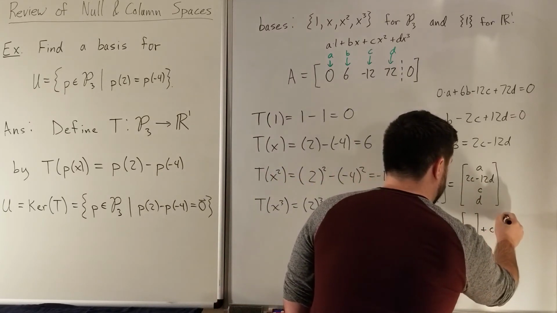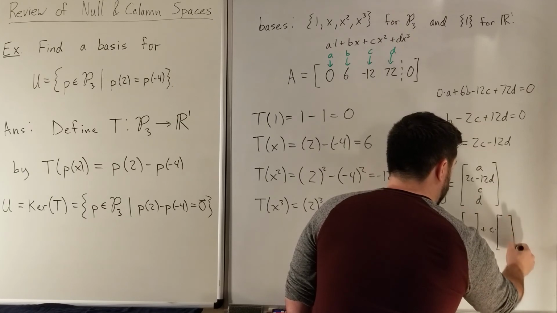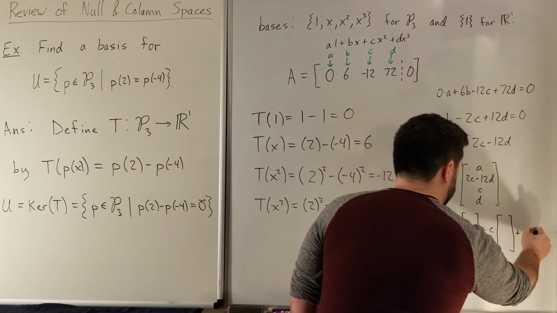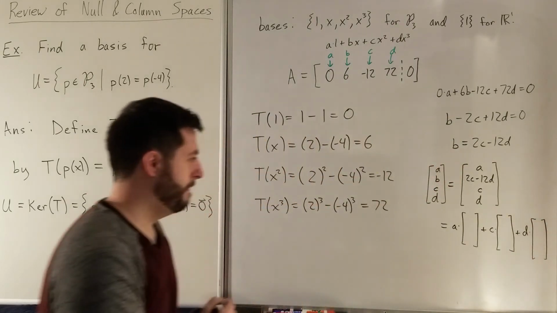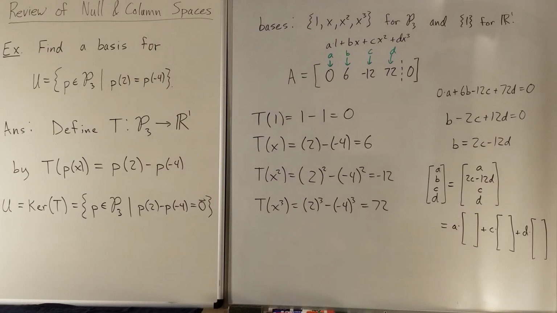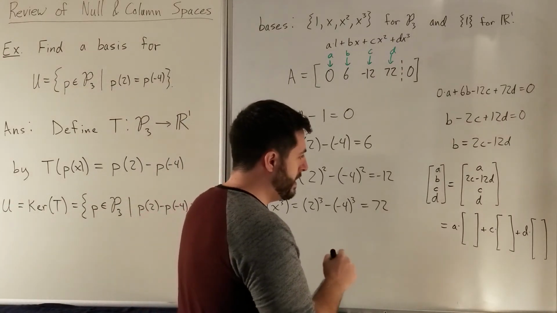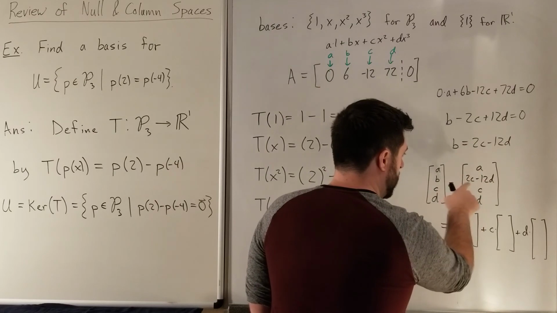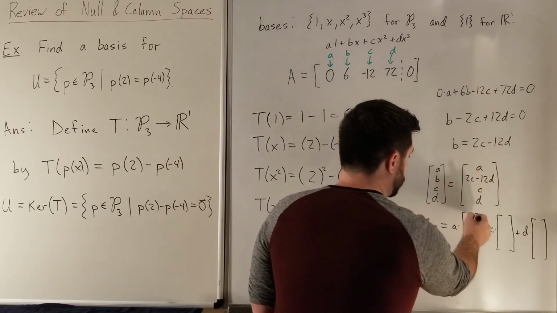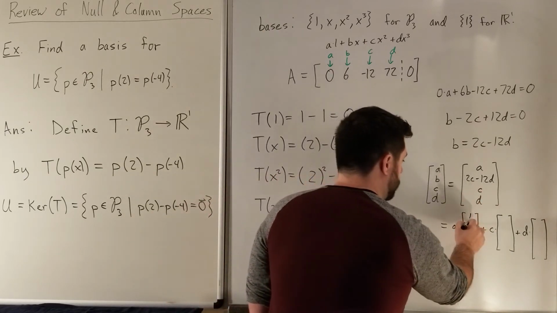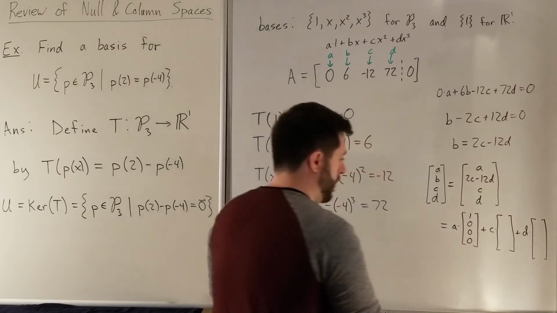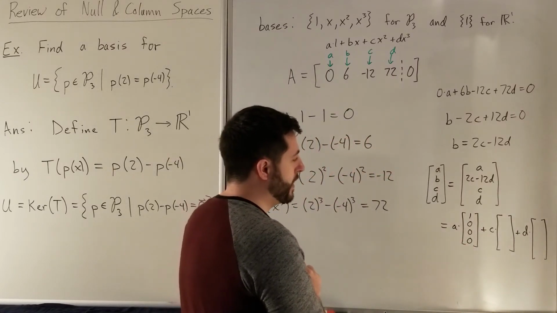Plus C times something plus D times something. All right, so the first one has to be A times 1. So there has to be a 1 there. And there's no other A's showing up, so none of the rest of these are contributing to the number of A's.